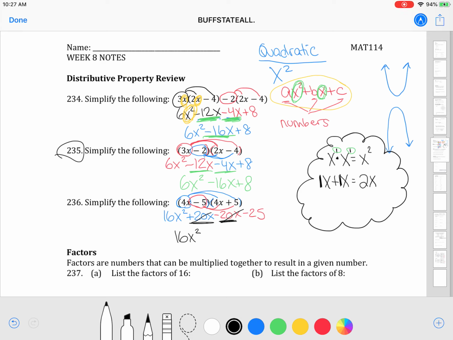So I have 16x squared that comes down, and minus 25 that comes down. Believe it or not, that is still a quadratic. It just is missing that bx that we had in our ax squared plus bx plus c standard quadratic form. That's okay. It is still a quadratic because it has that big idea we started with. It's got an x squared.